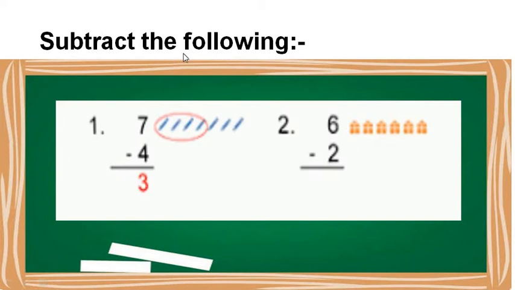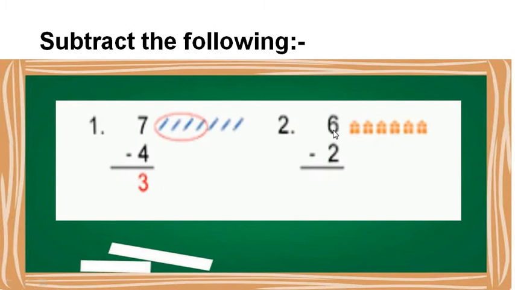Subtract the following. Look, we have the example that if we want to do subtraction, we have to cut out or cross out the given number of objects out of the number which we have as a question, and then we have to find the remainder.